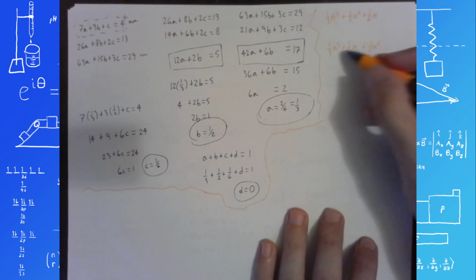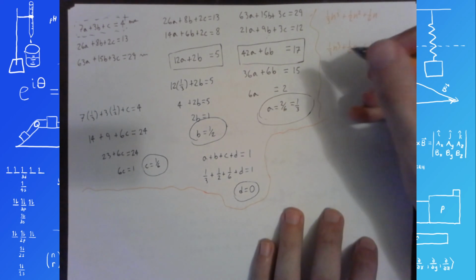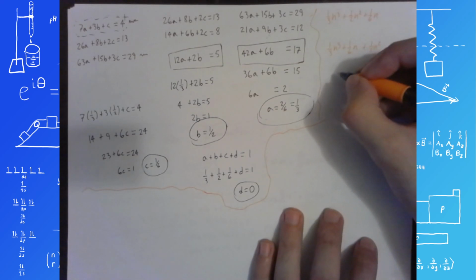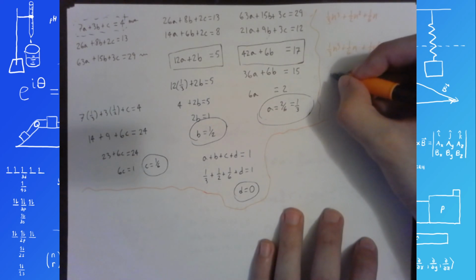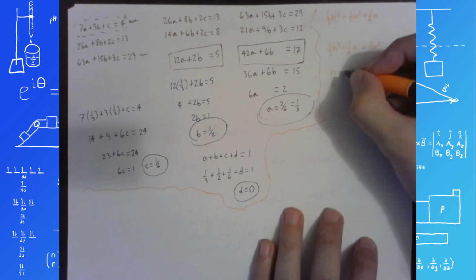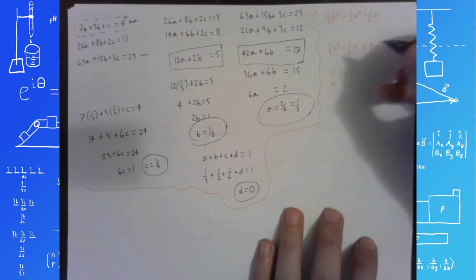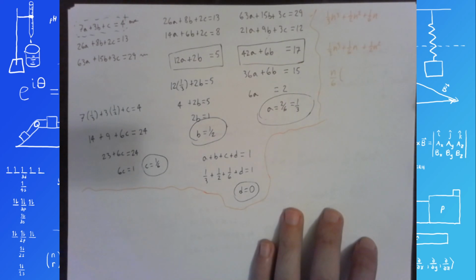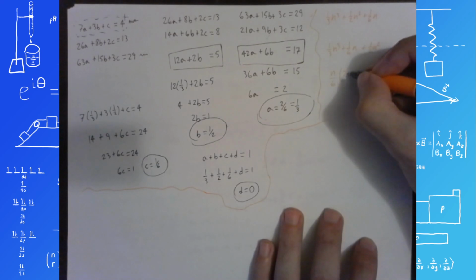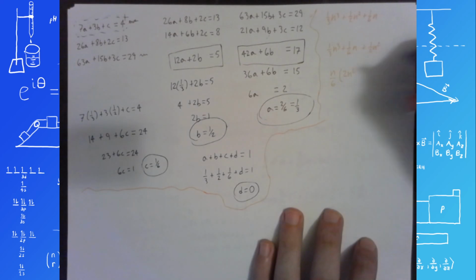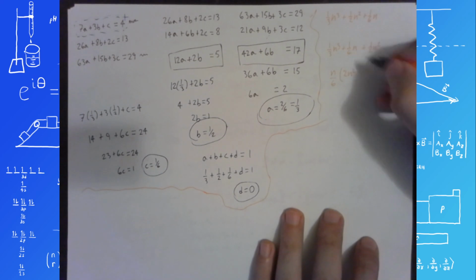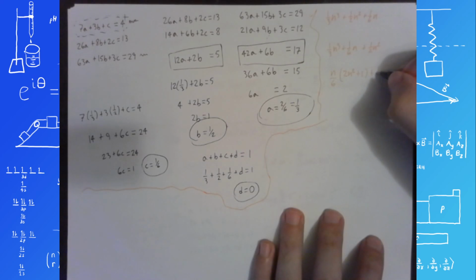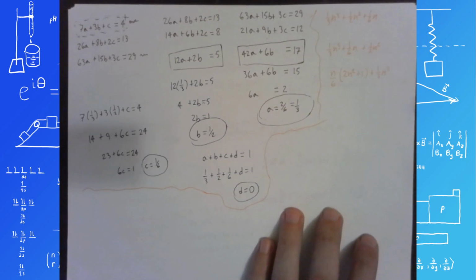Let's group these by factoring out 1/6 n, and that will give me n over 6 times, if I take 1/6 out of 1/3, then that leaves me with 2n squared, and then that should just be plus 1. Plus 1/2 n squared.